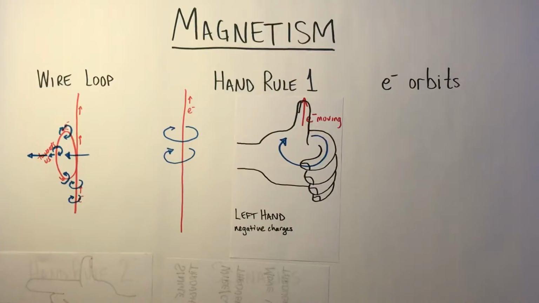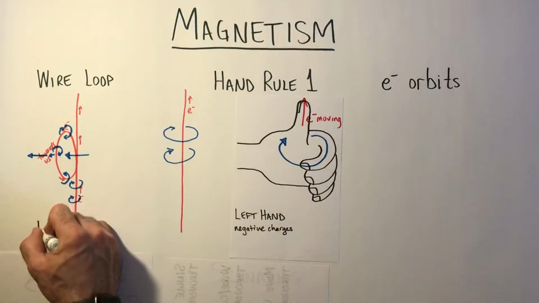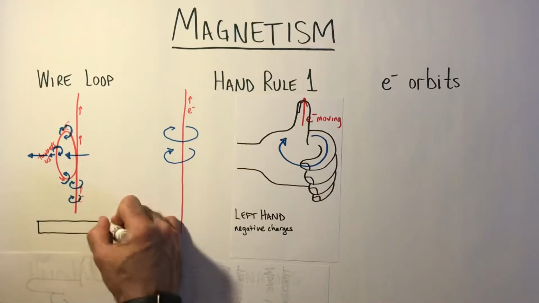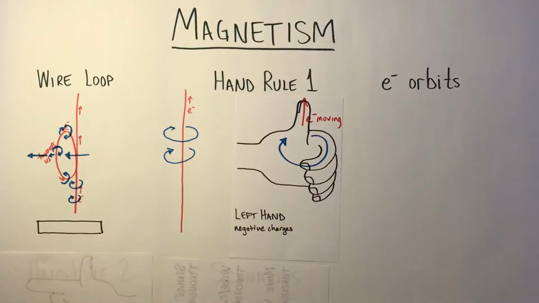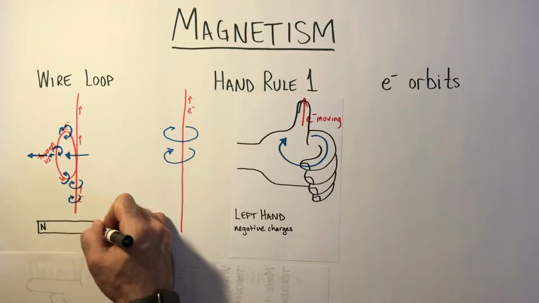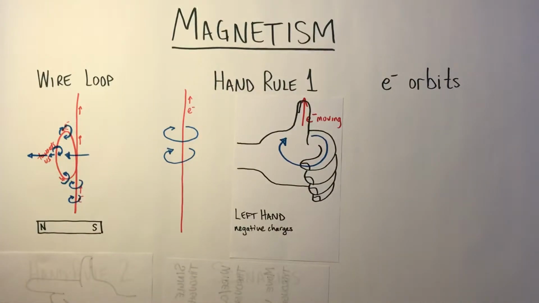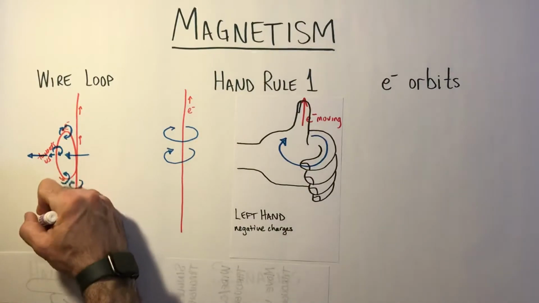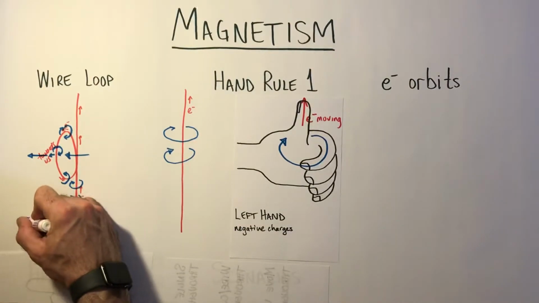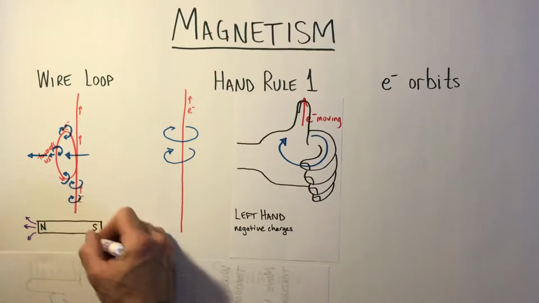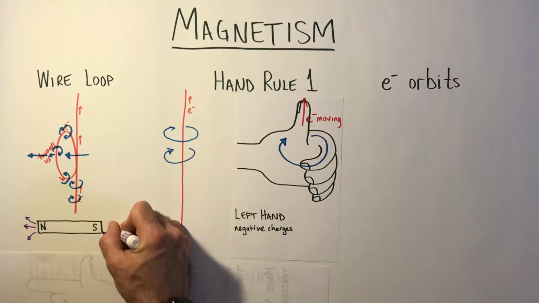What's super cool is that we see the same sort of behavior in permanent bar magnets. So that idea of a magnet having a north and a south end are conventions that were set up before we knew some of this stuff, is that magnetic field comes out of the north end of a magnet and goes into the south, right?